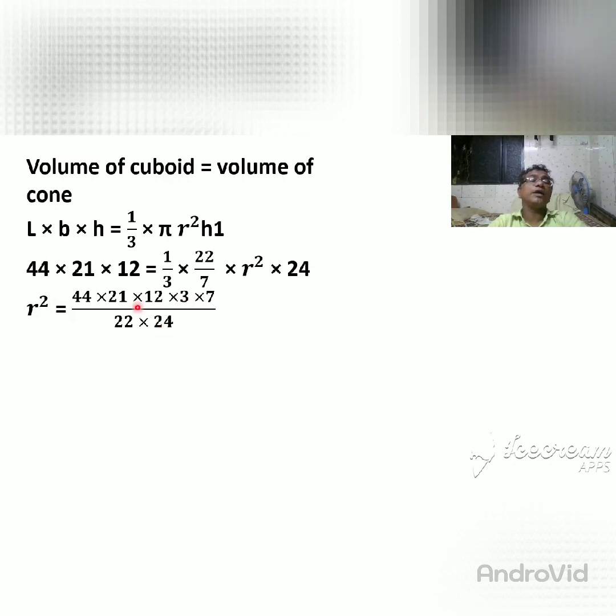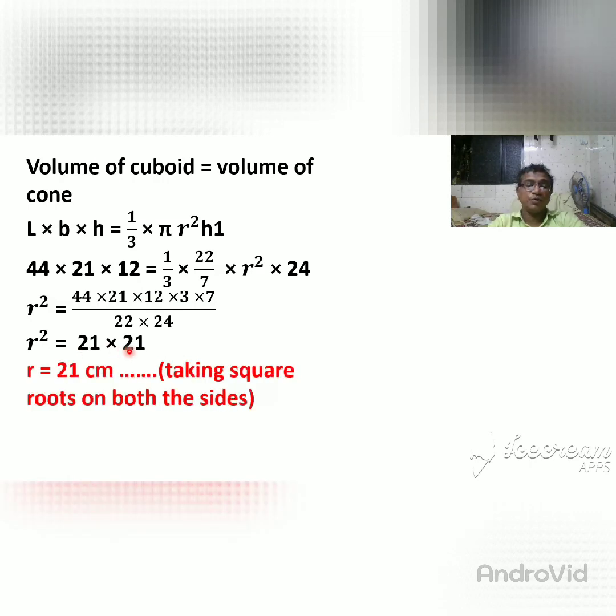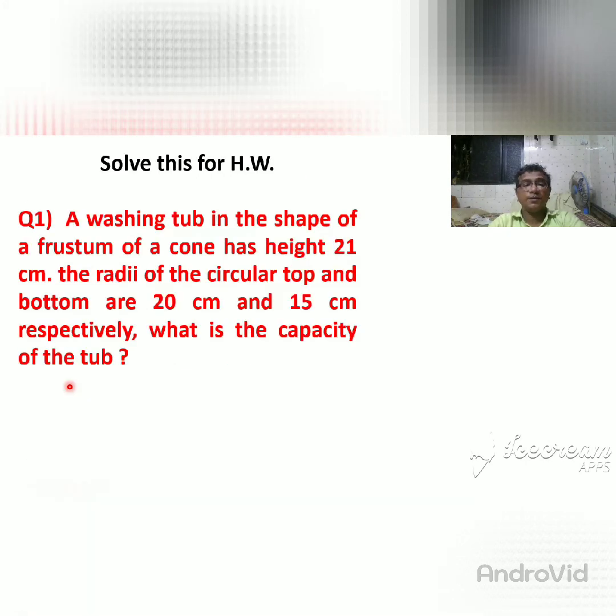So 4 2s are 8, 4 1s are 4, 4 1s are 4. In such a way you divide: 11 1s are 11, 11 2s are 22. So here remains only 21 into 21. So 21 into 21 you get 441. Taking the square root of this, because you want to find the radius, the square root of 21 into 21 is 21, so radius is 21 centimeter.